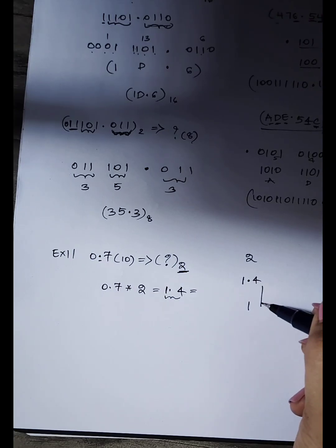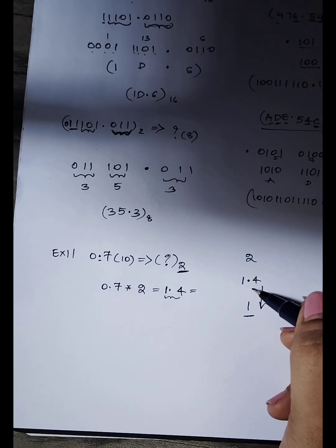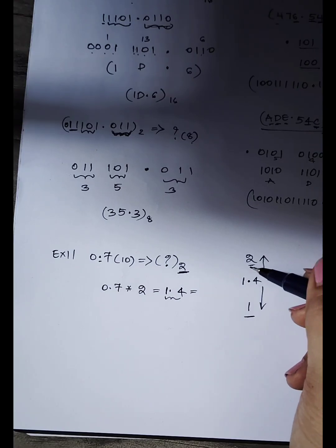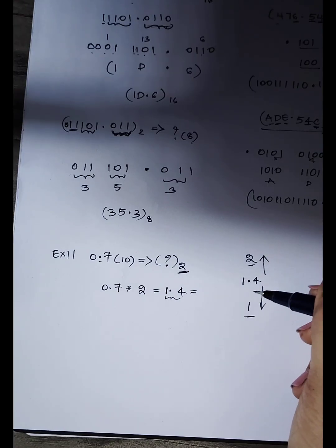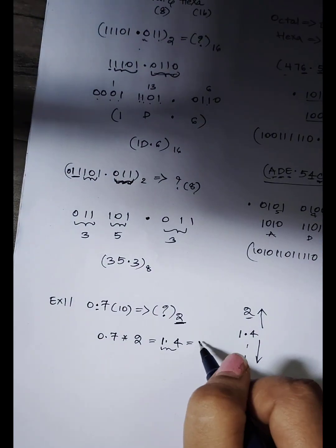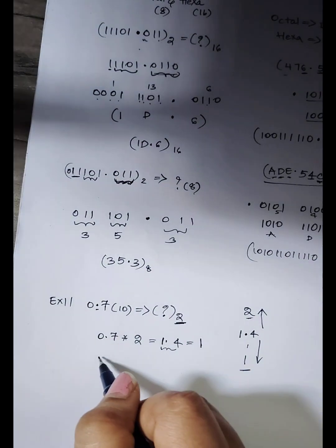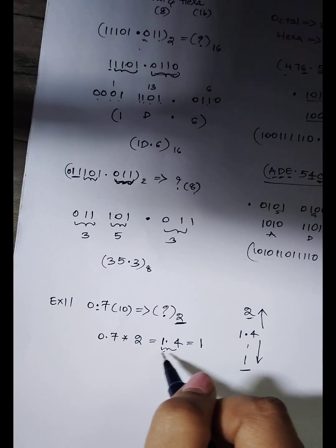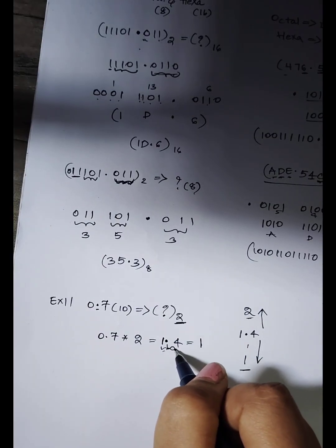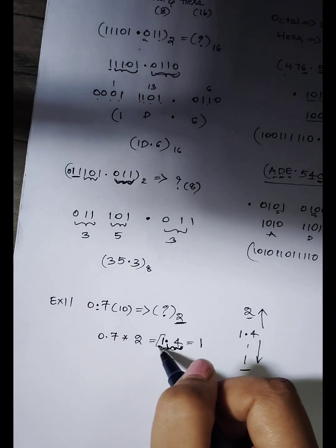So this will be your floor value for 1.4 and this will be your ceil value for 1.4. Ceil means the top of 1.4, floor means lower than 1.4. So this is 1.4. You need to take the floor value, that is 1. And for the next multiplication, you need to consider the decimal part, that is 0.4. You need to remove this 1.